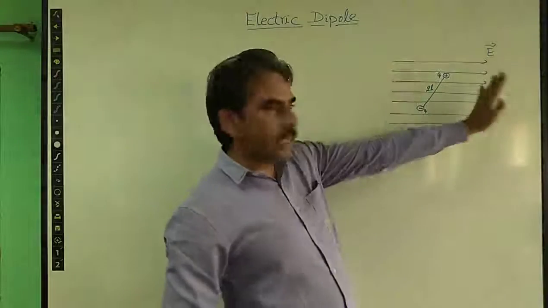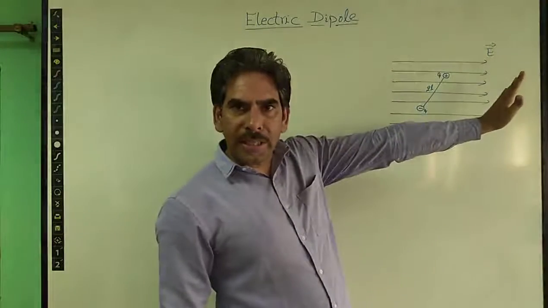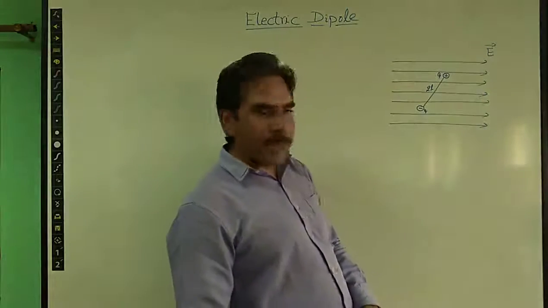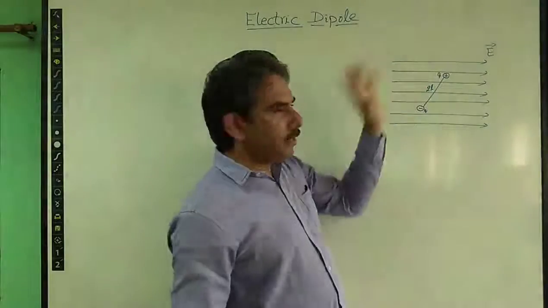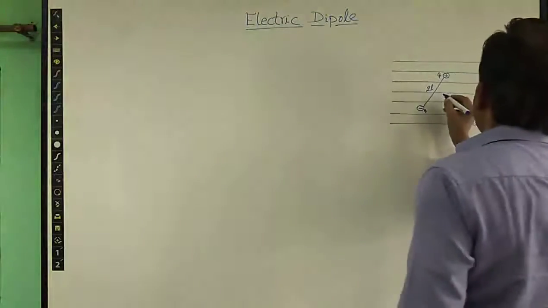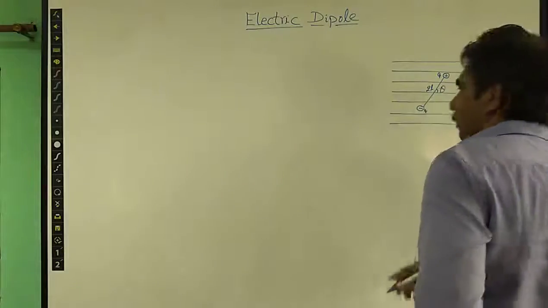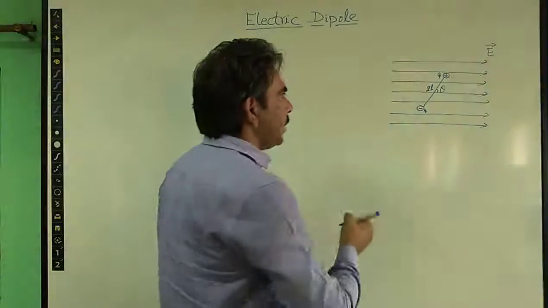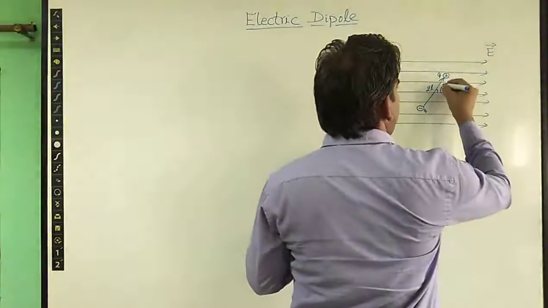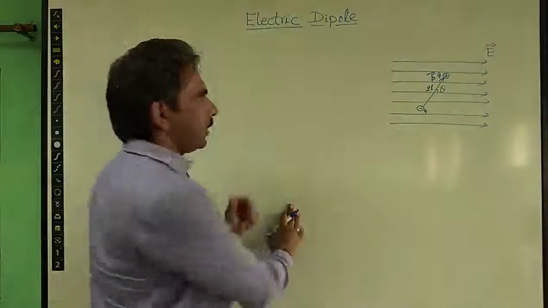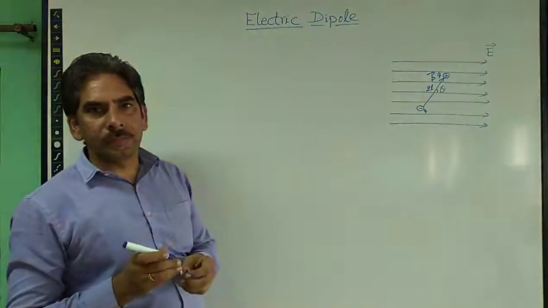So I am taking that there is some uniform electric field directed in this way, whose magnitude is E. And I am placing some electric dipole in this electric field. This dipole is making some angle theta with the uniform electric field, or in other words, the dipole moment of this dipole is making an angle theta with the electric field.